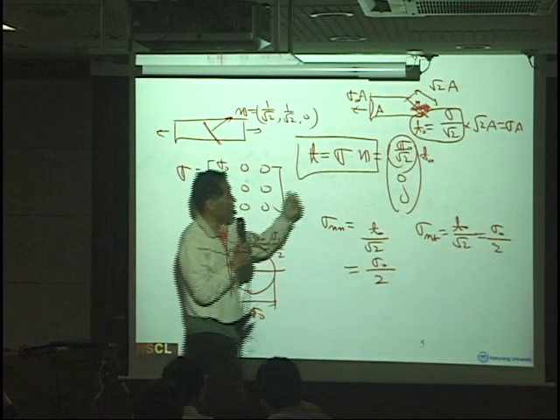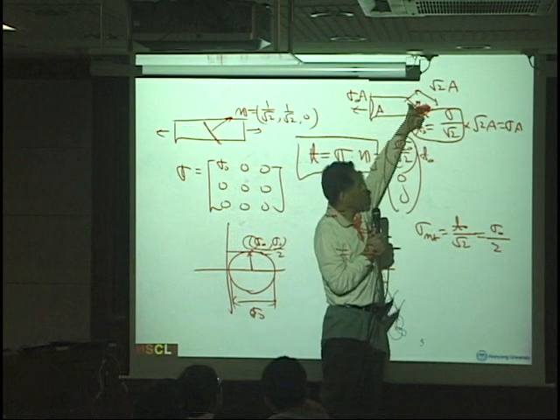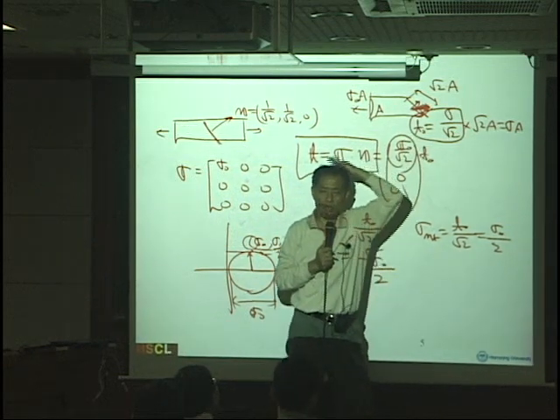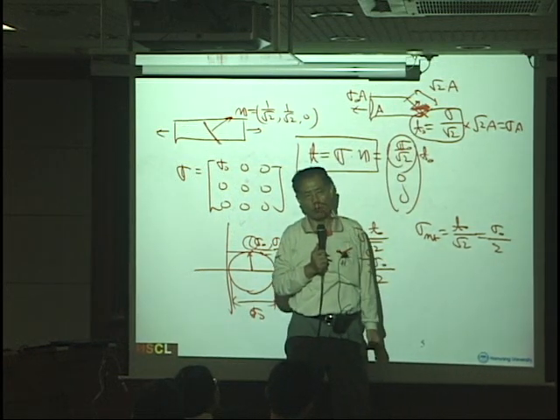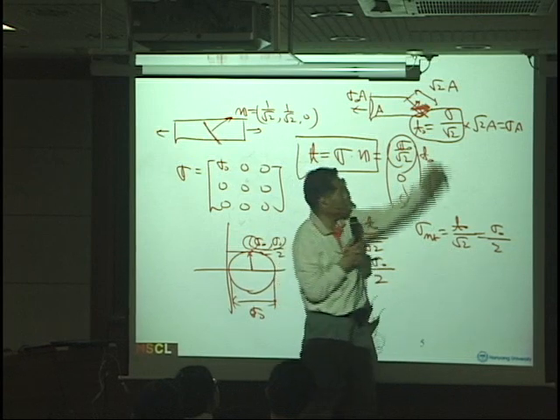If we know the traction T here, how do you calculate the normal component of this vector?